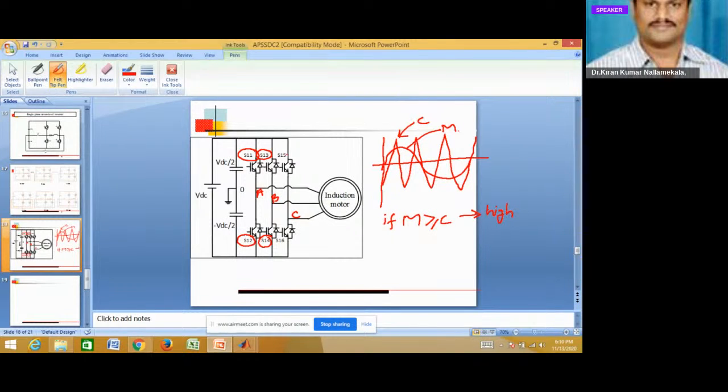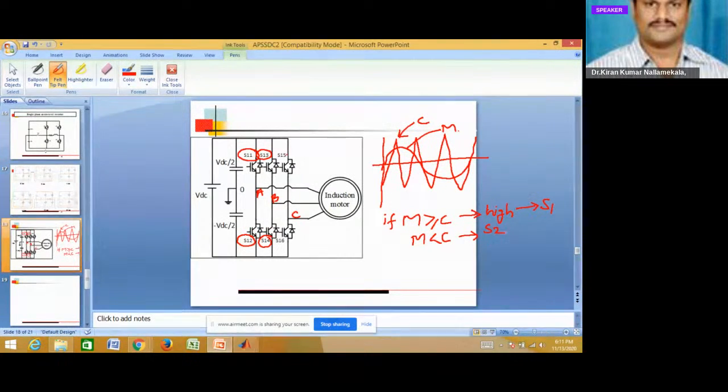We write this logic, and this logic is given to S1. If the modulating signal is less than the carrier signal, that will be given to switch S2.